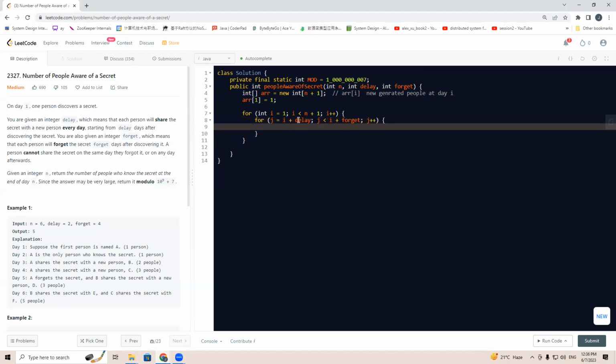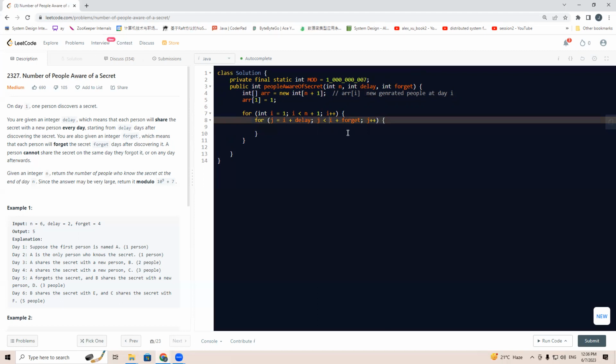Here it may be out of range, so we need to take the minimum, and plus one.